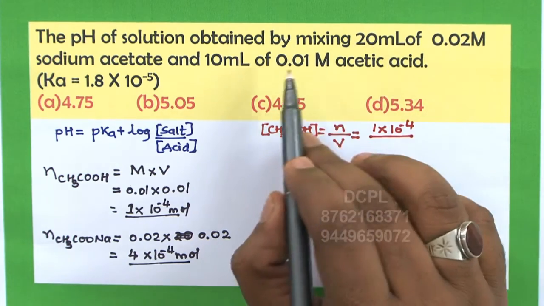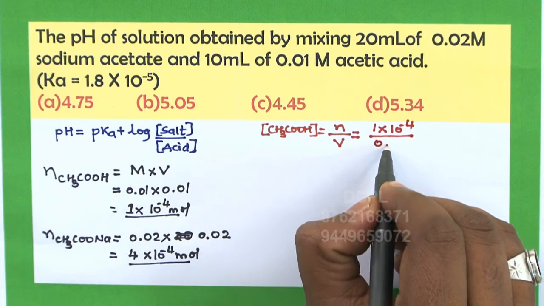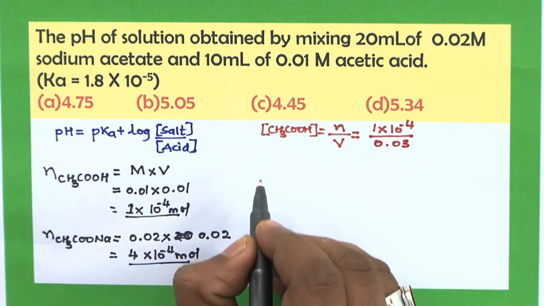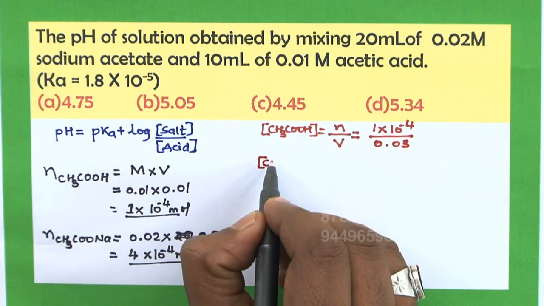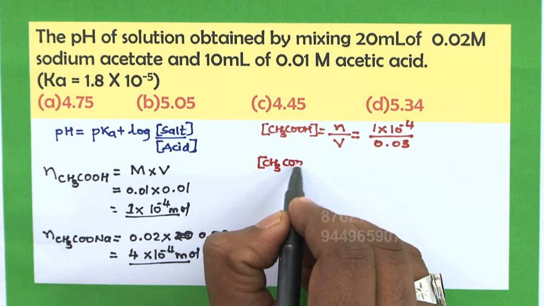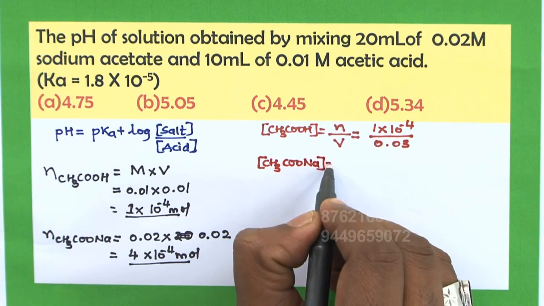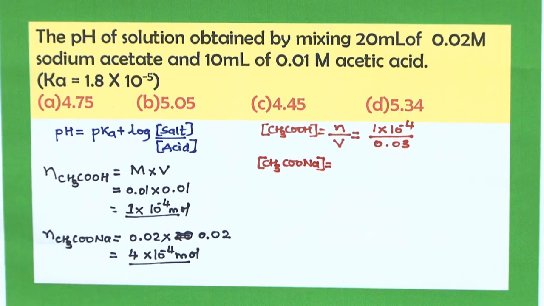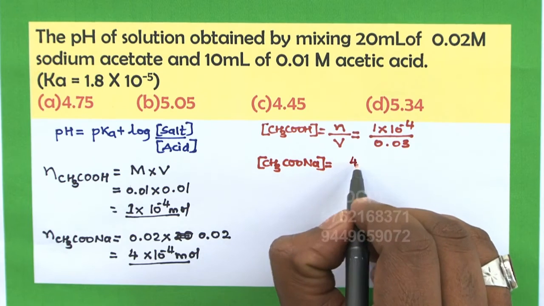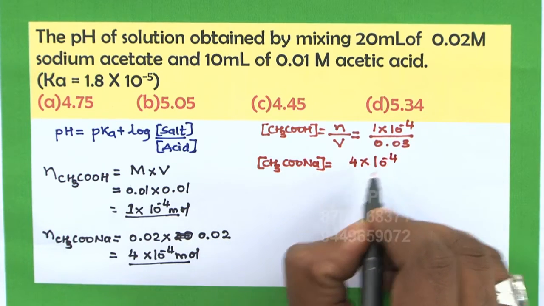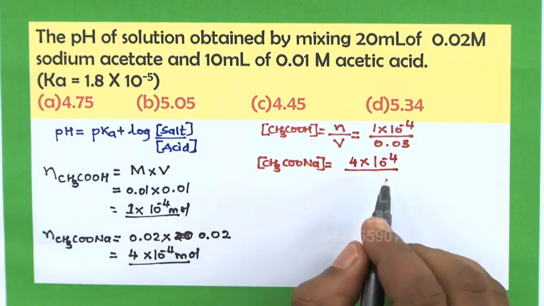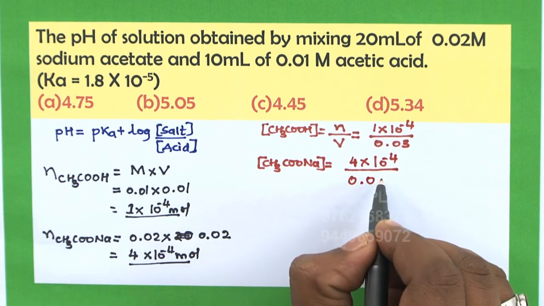Total volume is 20 plus 10, 30 ml, that is nothing but 0.03 liter. Similarly, concentration of sodium acetate, CH3COONa, is equal to number of moles divided by volume, that is 4 into 10 to the power minus 4 divided by 0.03.